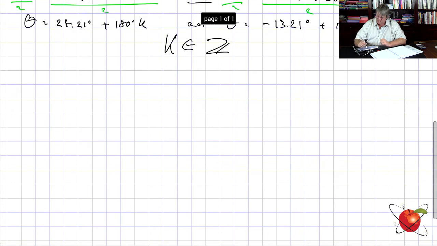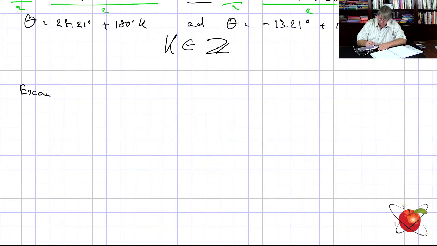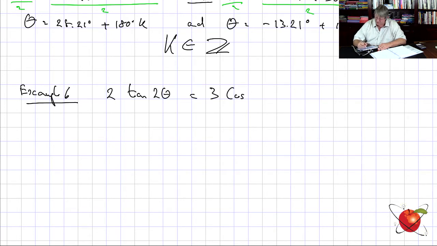Let's look at a tangent. Example 6: find the general solution of 2 tan 2θ = 3 cos 30°.